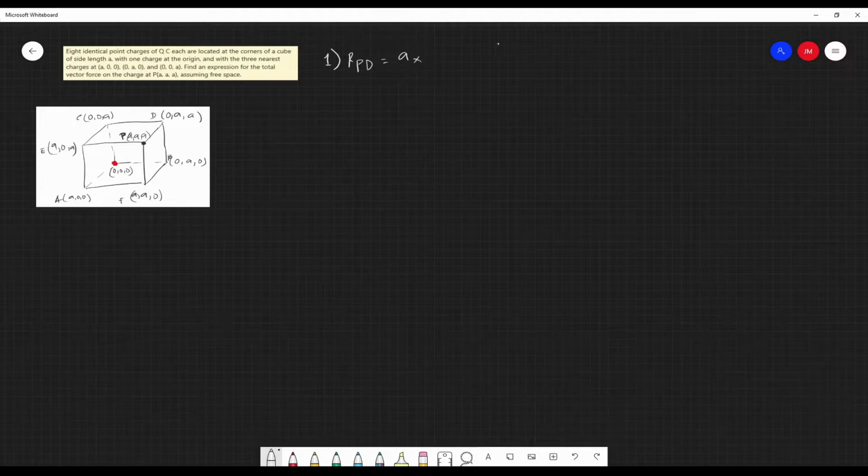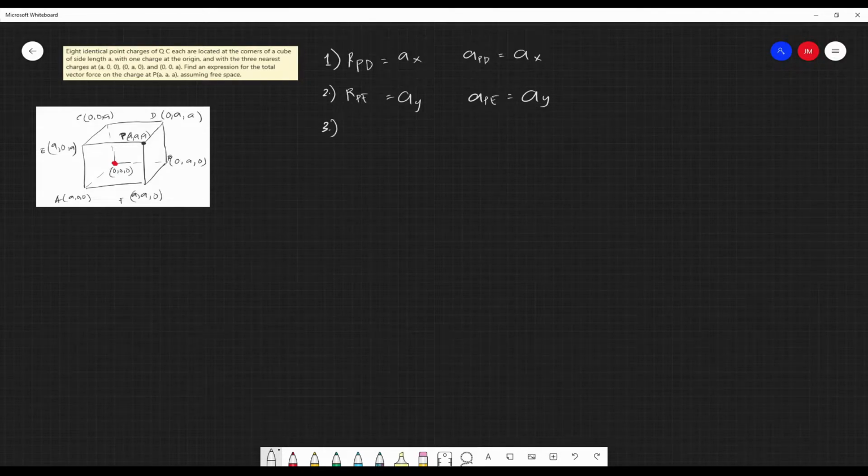So we have a x-hat, and the unit vector is simply a_x. Now number 2. Let's use this one since the y component is missing. If we subtract this from point P, we're just left with a y. R_PE is equal to a y, and the unit vector is simply a_y.